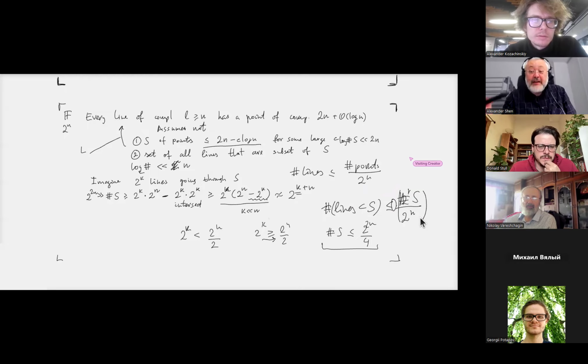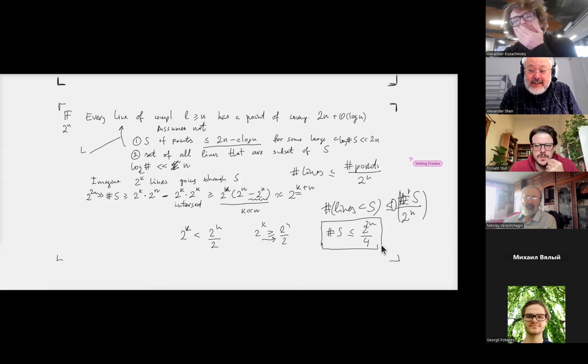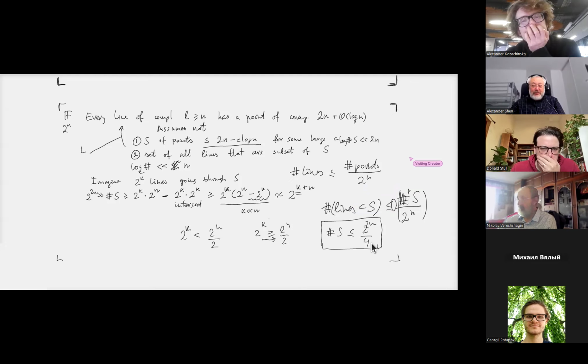But it's important: if S is all points on the plane, which is exactly 2 to the n, then we have 2 to the n lines. We don't divide by 2 to the n. So this is an important combinatorial restriction.